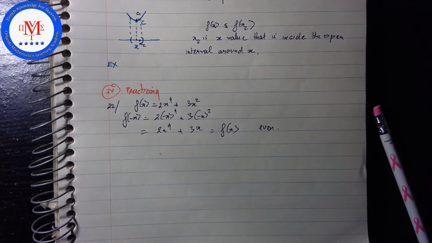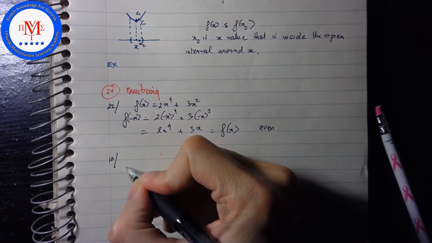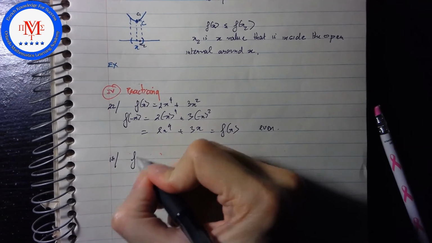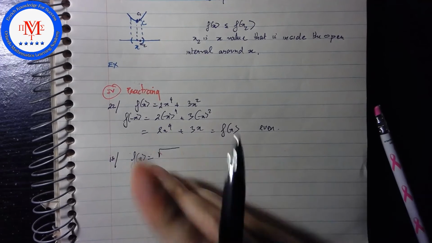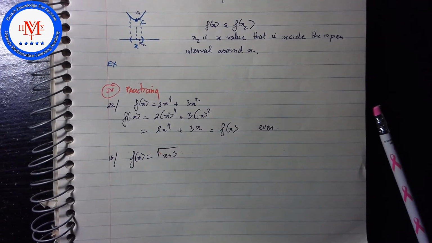And I want to do number 18 now. I want to find the domain and range of the function f(x) equals the square root of x plus 3. As we already learned, we cannot take the square root of a negative number, so everything inside the radical, which we call the radicand, must be greater than or equal to 0.